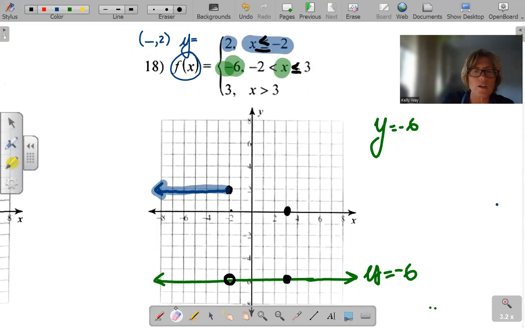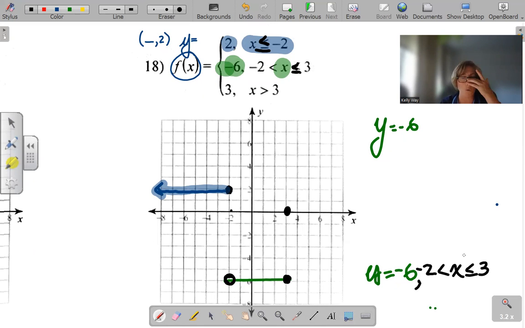So then you take your eraser, and anything that doesn't fit the rule, you can erase. Now we have y equals -6, where x is greater than -2, but less than or equal to 3. That's what I mean by the rule. We got a line, and we got a rule.